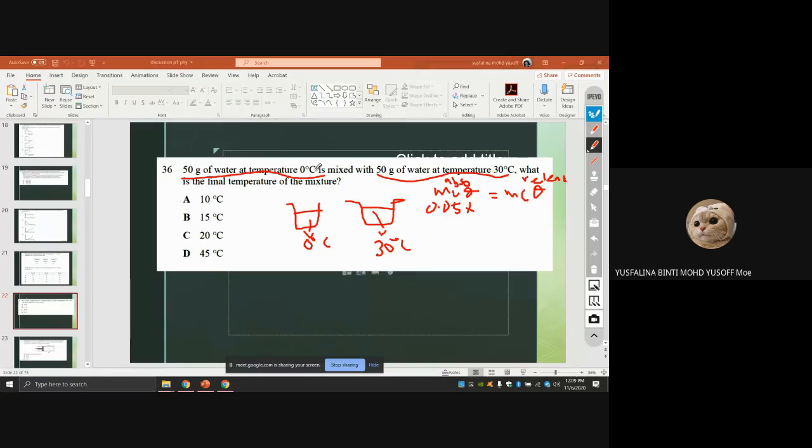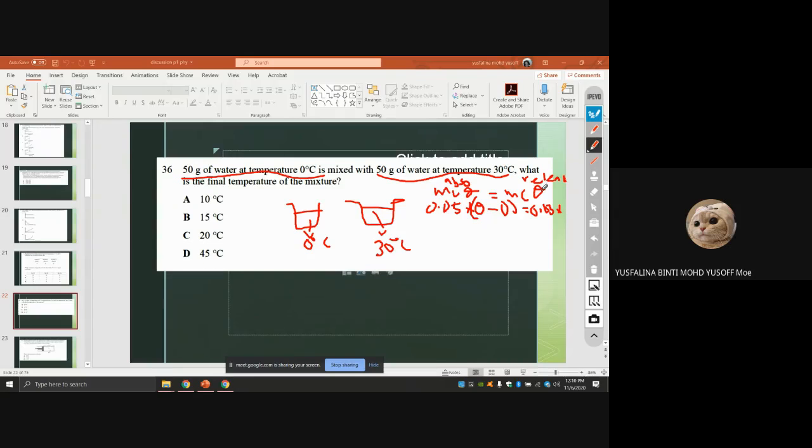This one, the temperature will rise because it absorbed the heat energy, so this should be theta minus 0. You need to find theta. For this one, the mass is the same, 0.05, since it is 50 gram, and C we ignore.